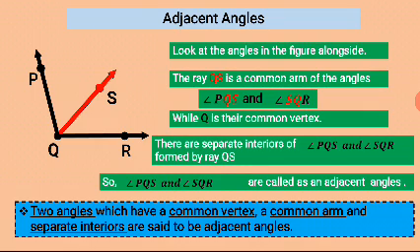In the above figure, Q is the common vertex, QS is the common arm, and the interiors are separate. These two angles, whose interiors remain separate, are said to be adjacent angles. Definition of adjacent angles: two angles which have a common vertex, a common arm and separate interiors.